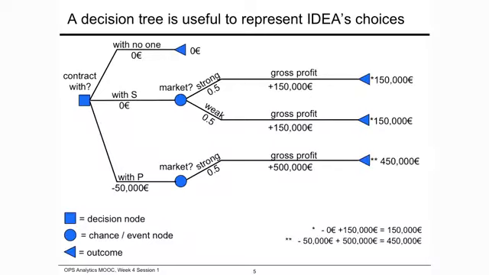If IDEA orders from supplier P and the market is weak, that happens with a probability of 0.5, and we can calculate these gross profits as well. Remember, when IDEA orders from supplier P, it orders 10,000 units, but when the market is weak, it only sells 5,000 units.